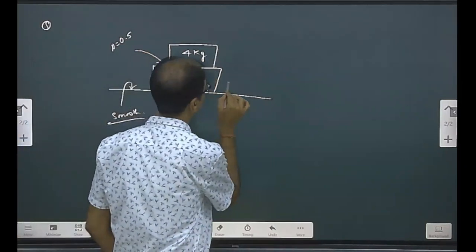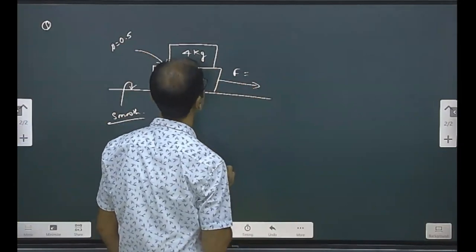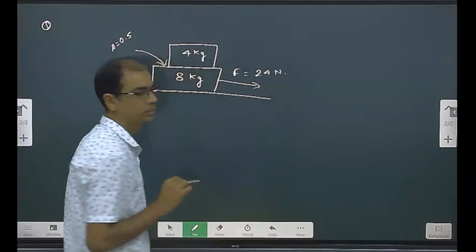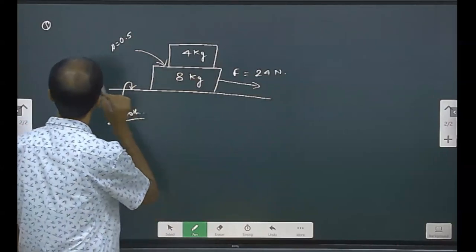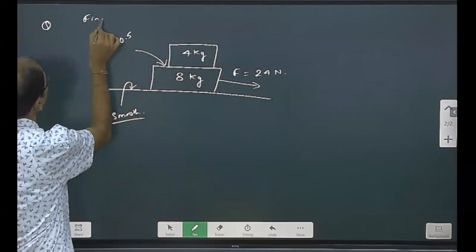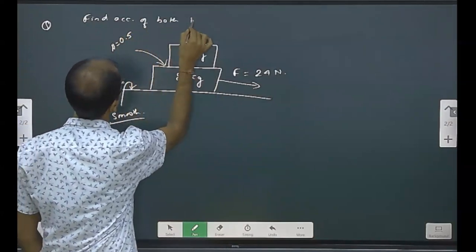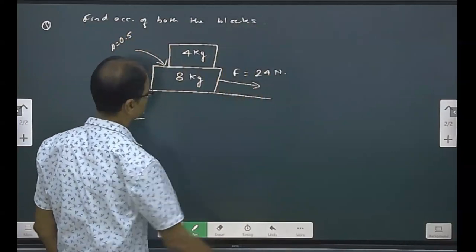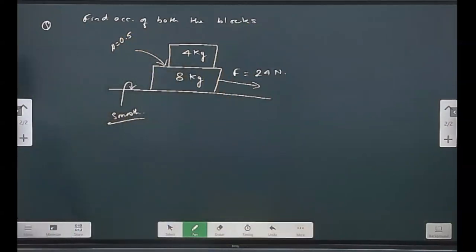And we are applying the force from here. That force is 24 Newton. What is the question? Find acceleration of both the blocks. Okay, that's the question. Simple. Note this question. We'll solve it together.